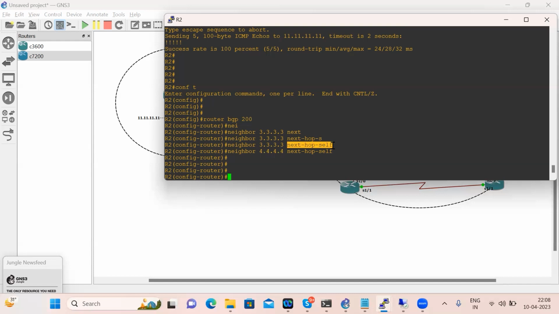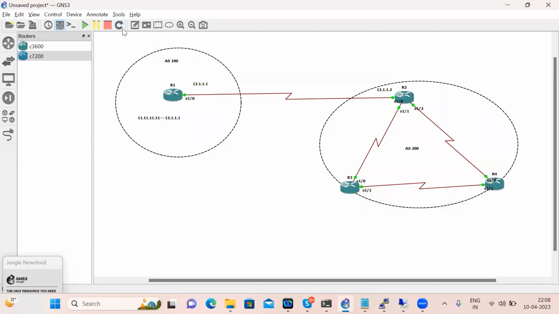It is not saying it to router 3 and router 4.